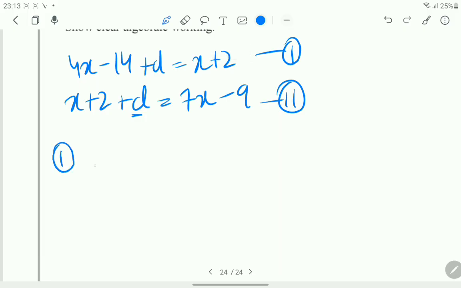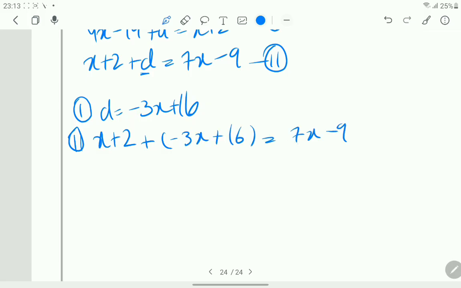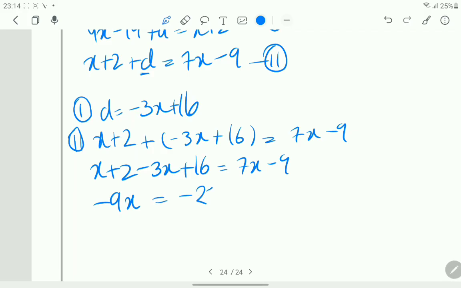So solving the first equation, we get d equals minus 3x plus 16, and if we plug d into the second equation, we get x plus 2 plus minus 3x plus 16 equals 7x minus 9. And if we solve for x over here, obviously you need to show sufficient steps in these types of questions, we get 1 minus 3 minus 7, we get minus 9x, and we get 2 plus 16 plus 9 equals minus 27.